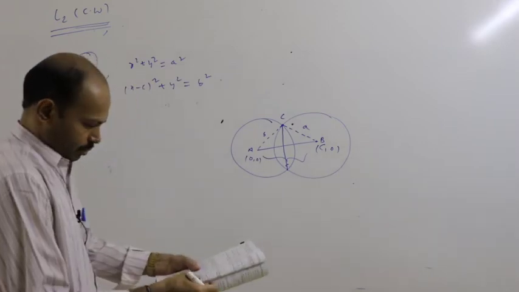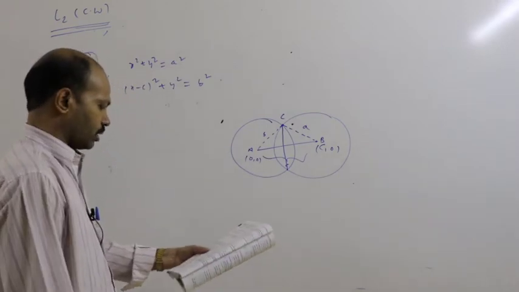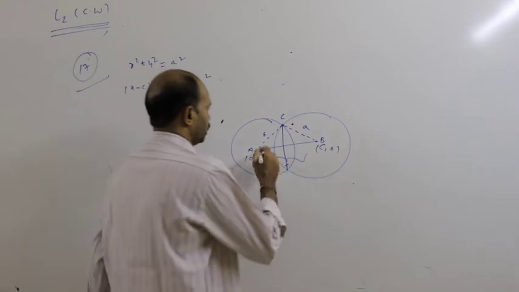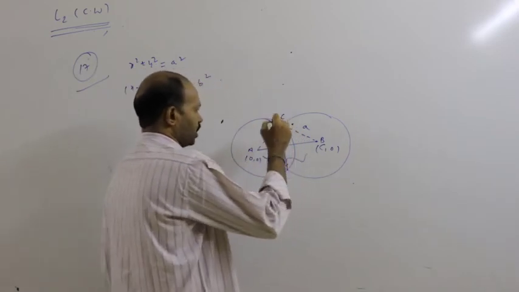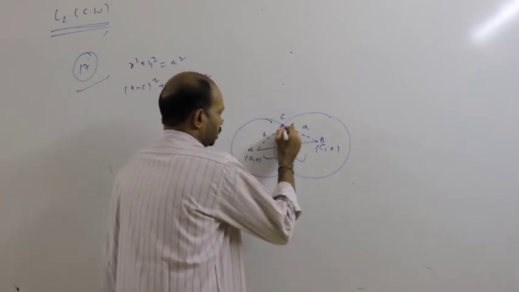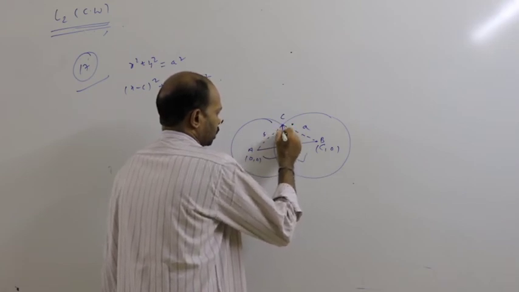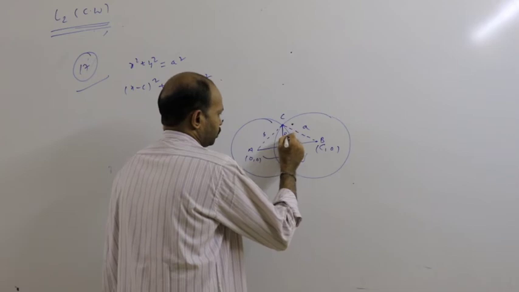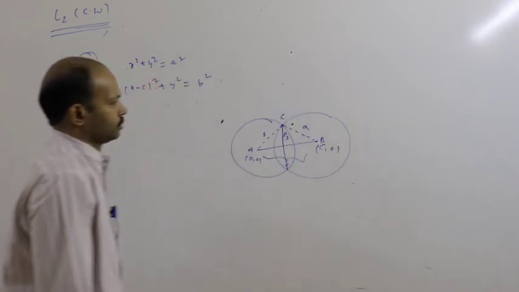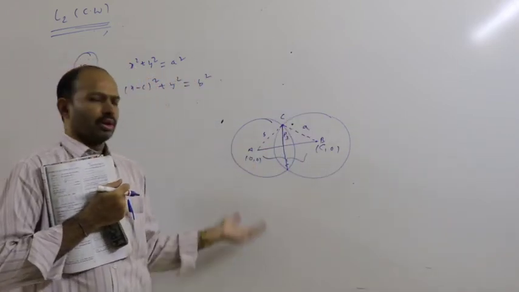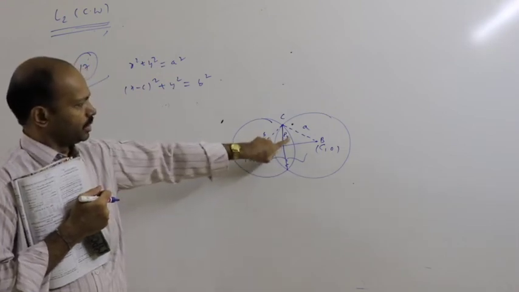Given another data, P1, P2, P3 are the lengths of altitudes from A, from B and from C. This is nothing but P3, the length of the altitude. No need of writing P1, P2, that's why I have not mentioned. Only P3 is enough. Why?